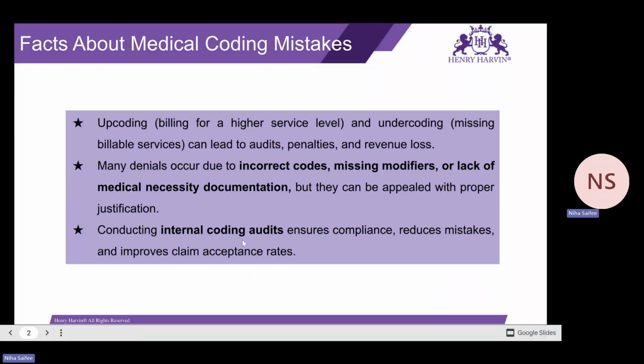Conducting internal coding audits ensures compliance, reduces mistakes, and improves claim acceptance rate. Now, whenever we talk about any organization, there is a process, a flow of the process. There are too many people involved in the process, so there might be some problems in the process here and there.